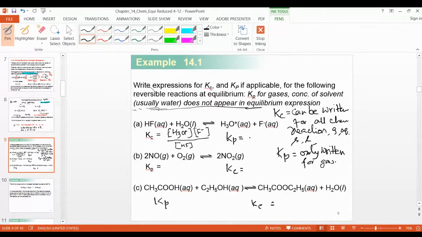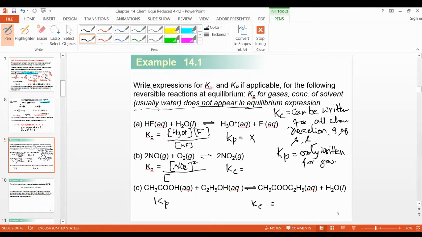Now Kp, can we write Kp here? No, it is for gas. Okay, what is Kp? We have O2 and NO2. Come on, tell me. Don't stop. NO2 raised to power 2 over NO raised to power 2.